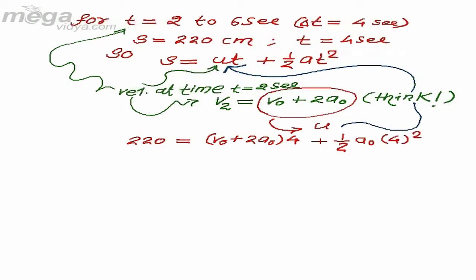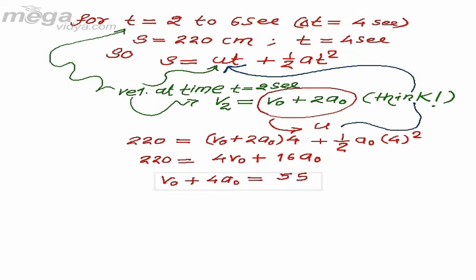So it now becomes 4v naught plus 16 a naught equal to 220, or finally v naught plus 4 times a naught equal to 55.